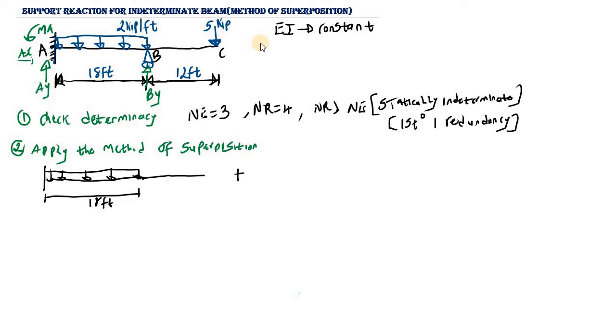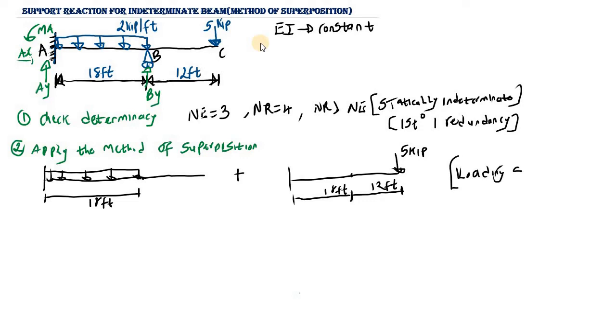Then we add the point load, which is 5 kip. The distance from the fixed support to point B is 18 feet, while the distance from point B to the point load is 12 feet. We are going to call this the loading structure.